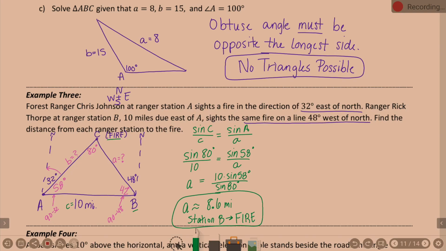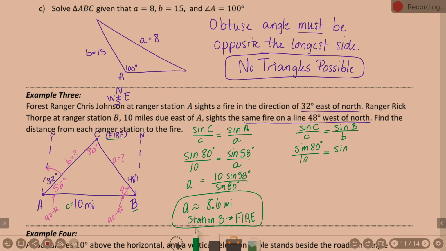And then you have your one other to find, don't you? I again would go back and use my C's. And just this time I'm going to use them with my B. So still using sine of 80 degrees divided by 10.